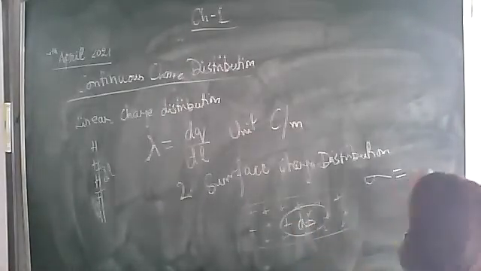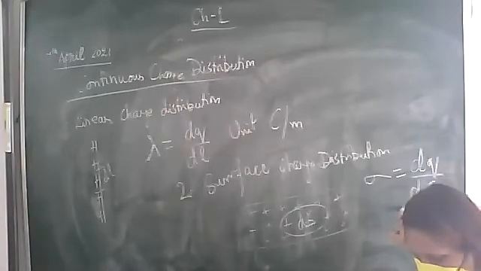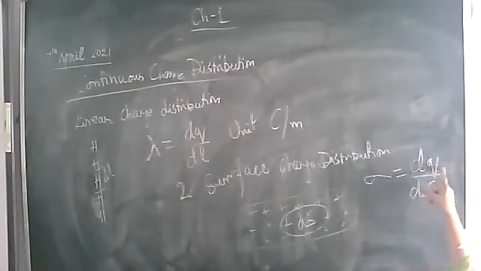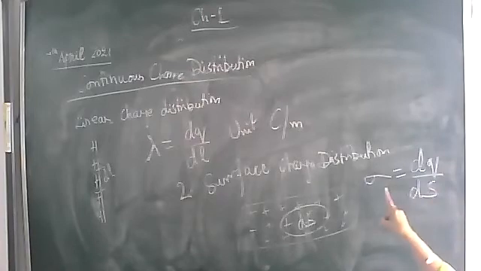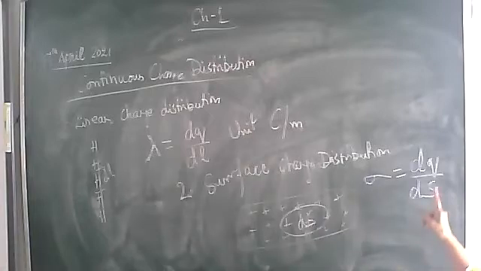So the surface charge density will be given by charge per unit surface area, dq upon ds. Whenever the charge is uniformly distributed on a surface, we calculate its surface charge density, which is given by charge per unit surface area.